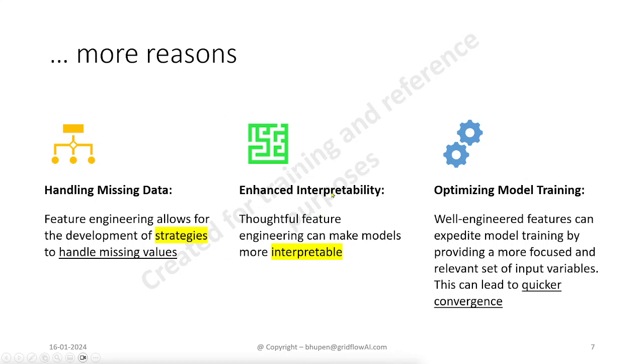Another goal of feature engineering is to provide interpretability of the data and hence the model. Overall, it allows us to have an optimized model or more generalized model, and one of the features of a well-optimized model is that the model really converges well.